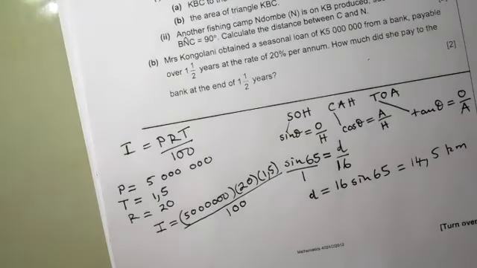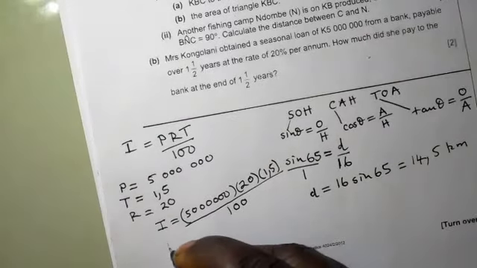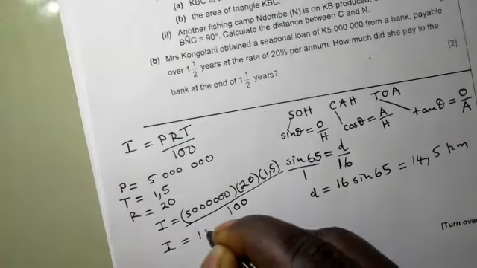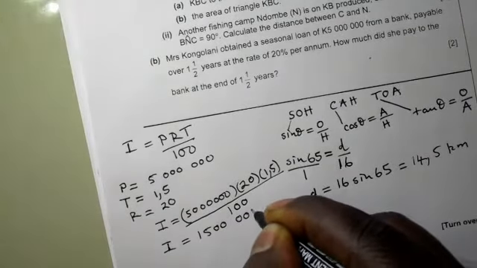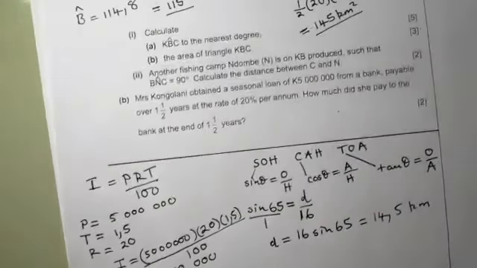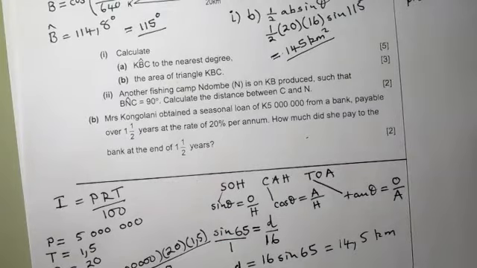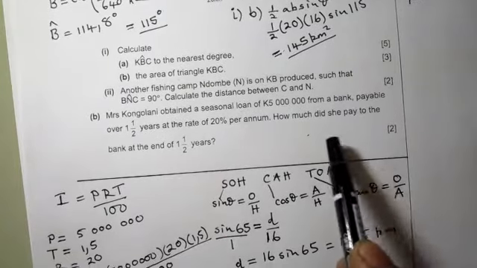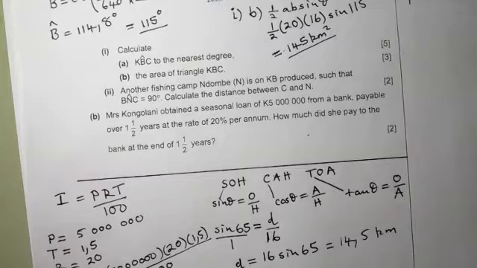So 5 million times 20 times 1.5 divided by 100, you get 1.5 million as your interest. So interest is equal to 1.5 million. But this is not your final answer. Why? Because the question requires you to calculate how much she paid to the bank at the end of 1.5 years.